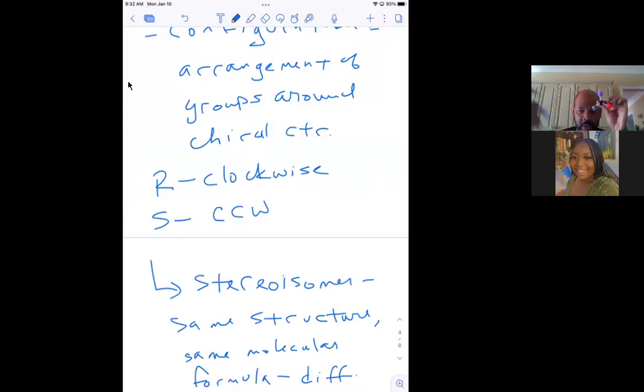By clockwise, I mean when I prioritize these and I look here, here, and here, if I line them up in order, I'm either going to be able to count 1, 2, 3 clockwise or 1, 2, 3 counterclockwise, depending on the priority. And whatever the configuration is of one enantiomer, the other enantiomer, the mirror image, has to be the opposite because it's a mirror image. We'll get to that in a second.